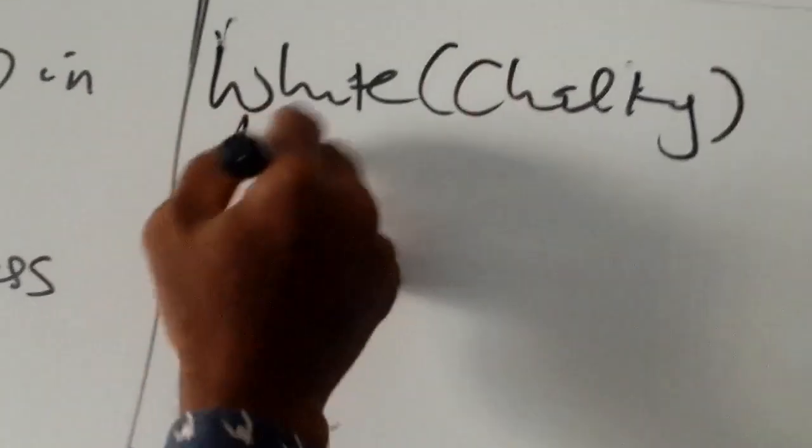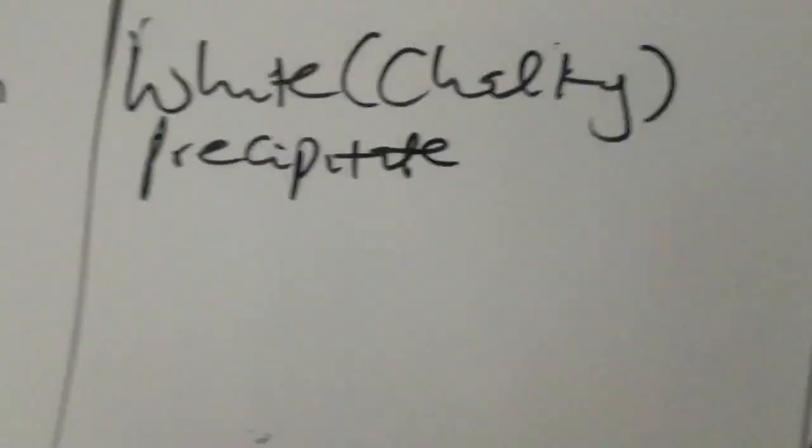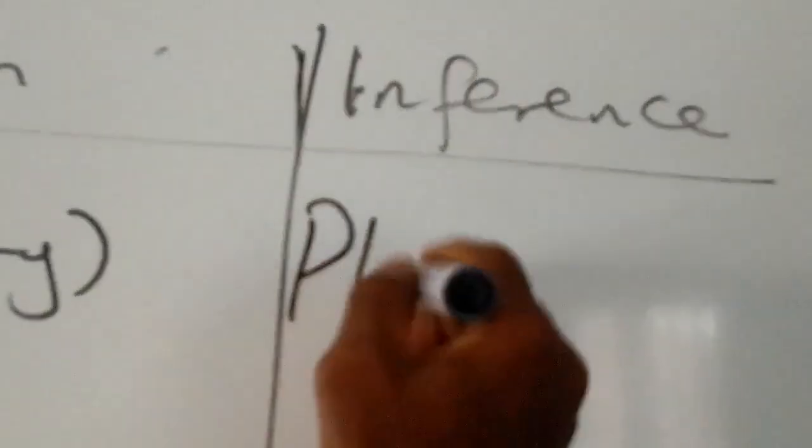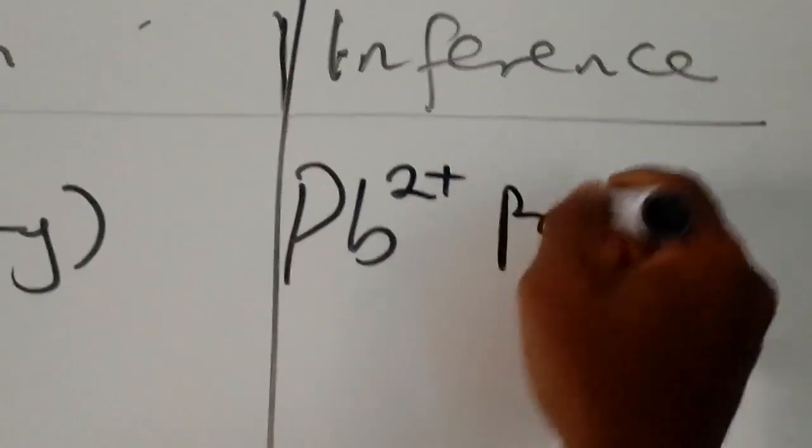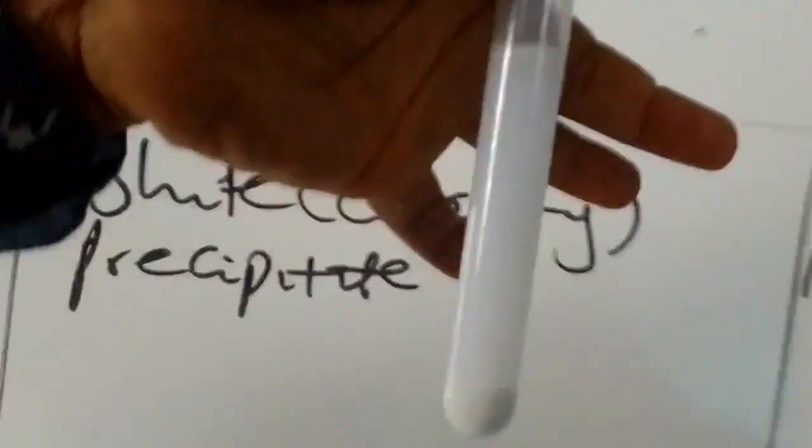The cation that gives us this white precipitate is lead. Right, lead 2 ion present. In excess, you can see the sediment is going down, showing that it's insoluble.